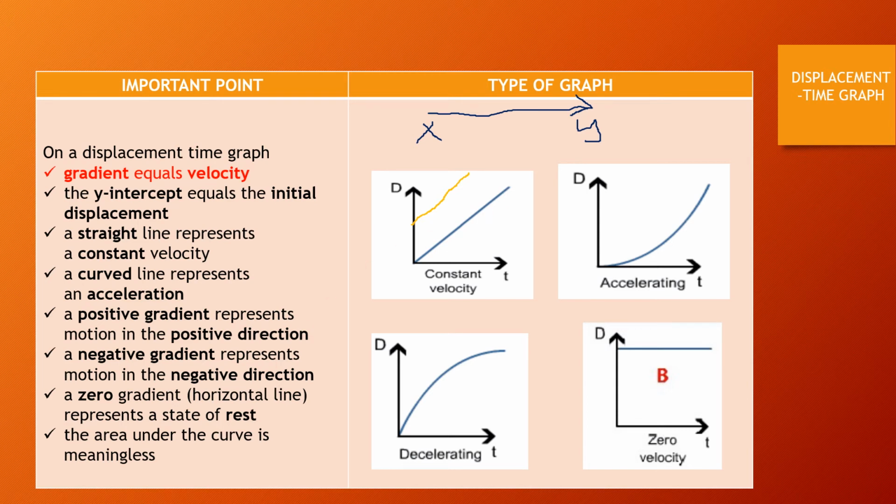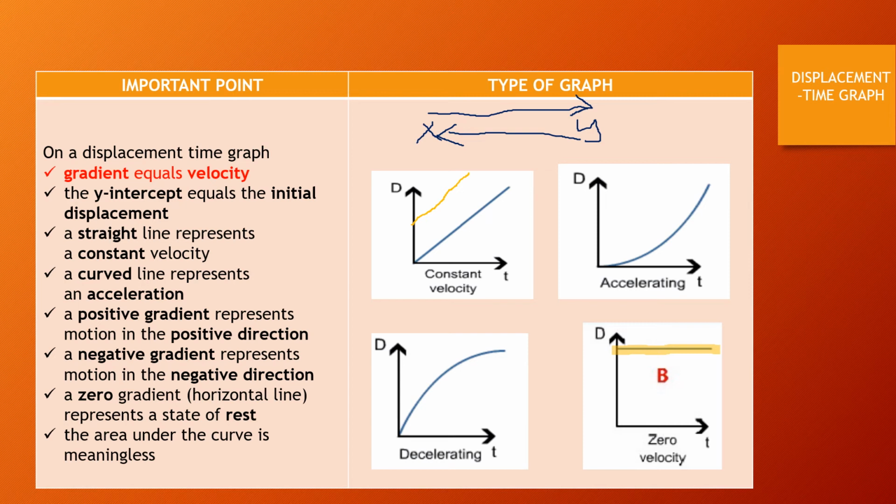But if the object returns from point Y to point X, then the object is moving in the negative direction, and you will get a negative gradient value. A zero gradient, like this, represents a state of rest. It's a horizontal line. The area under the curve is meaningless.